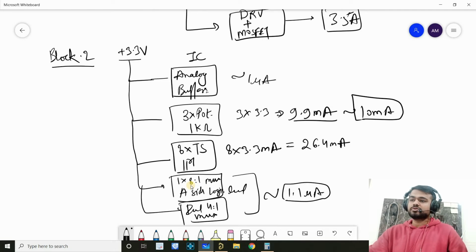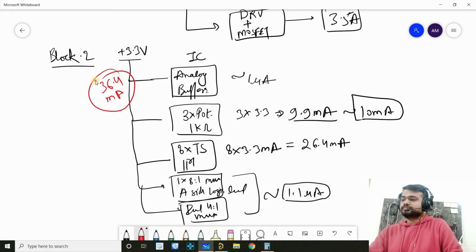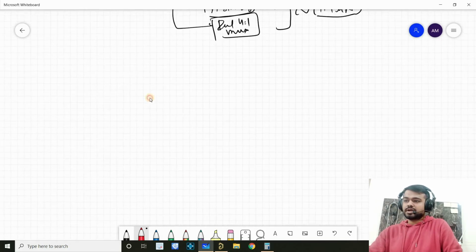So what is the total amount of current flowing through this 3.3 volt chip? It will be 10 milliamps, this one will be 26.4, making 36.4 milliamps, and these are microamps, so we'll ignore that. This is the amount of current flowing through 3v3. Now let's move to the 5 volt supply.